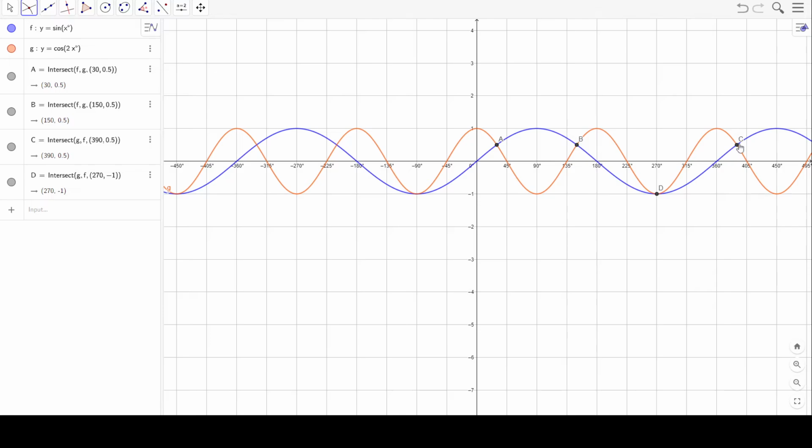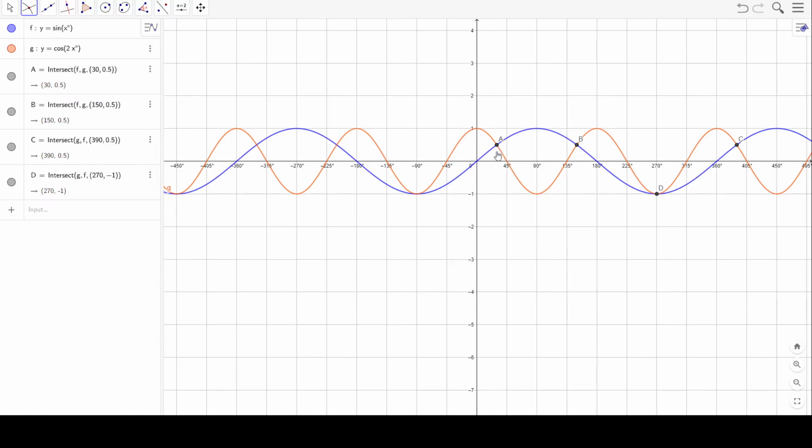Point C is 390. I hope, if you agree with me, I can go to the left-hand side and the pattern will continue. But can you see a pattern here? It is very strange for me, because I didn't expect that I can generate all points with one single formula. Can you see that you can generate all these points with one single formula?